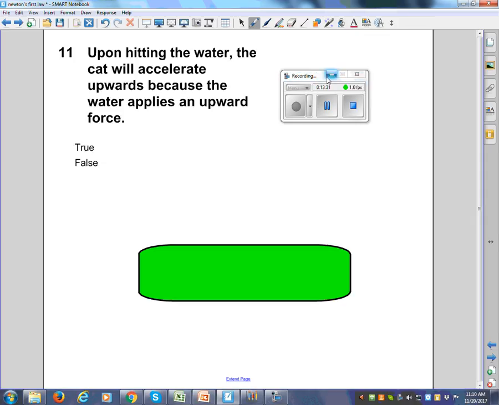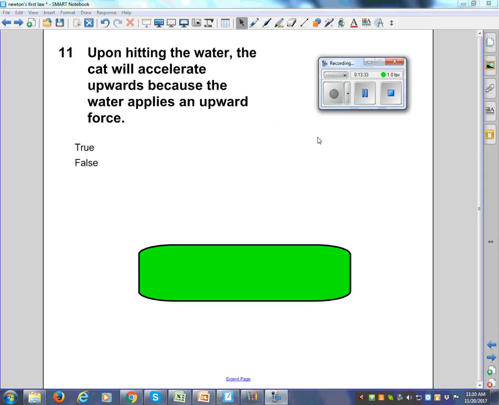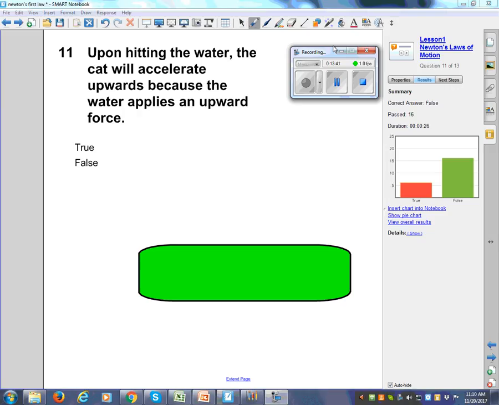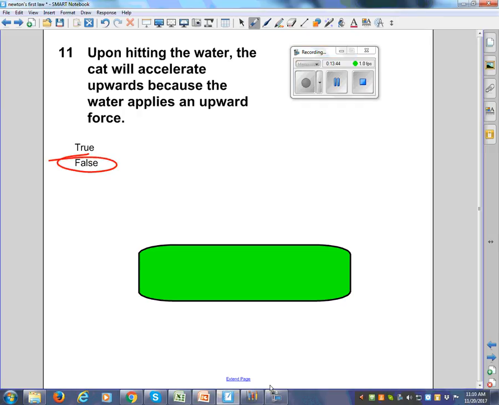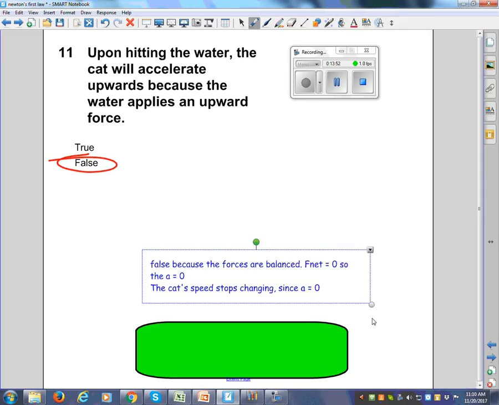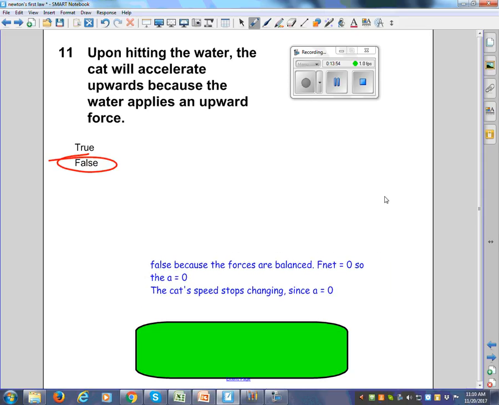Upon hitting the water, the cat will accelerate upwards because the water applies an upward force. False. Right? Why? Because the forces are balanced. The net force is zero, so that means that the acceleration is also zero. The cat's speed stops changing because the acceleration is equal to zero.